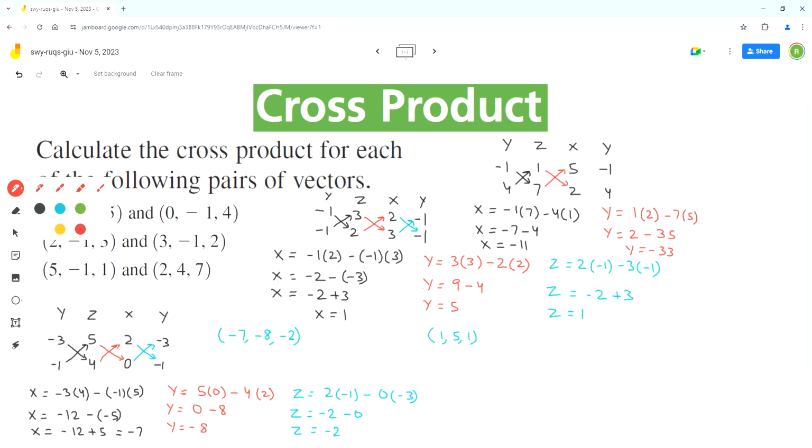Now we can find the z component. Therefore, the cross product of the last pair of vectors is. So this should be the final answer for the third pair of vectors.